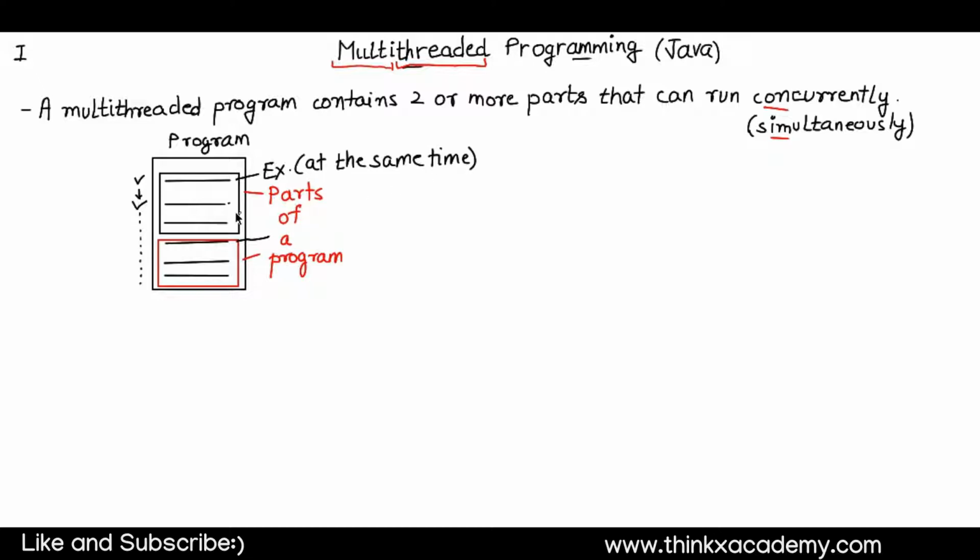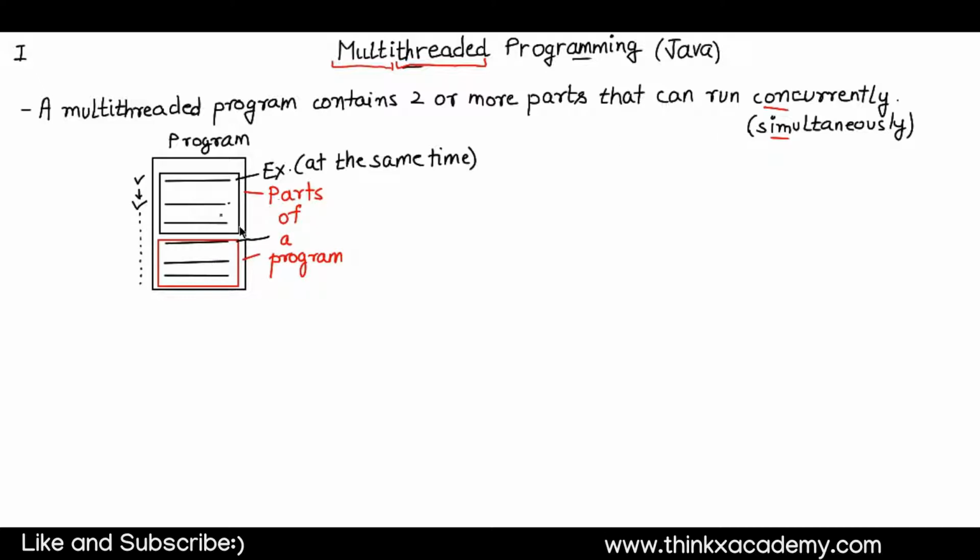So this is basically multitasking. You can see that two parts of the same program are running simultaneously, which means that we can actually run two tasks at the same time. So they can run concurrently or simultaneously.